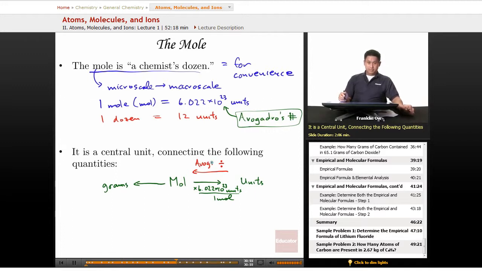The mole can also be used to go to mass. And so when we go to mass, we can actually multiply the mole by a conversion factor of grams for every 1 mole. And when we go the opposite direction, we're going to divide by grams per mole.